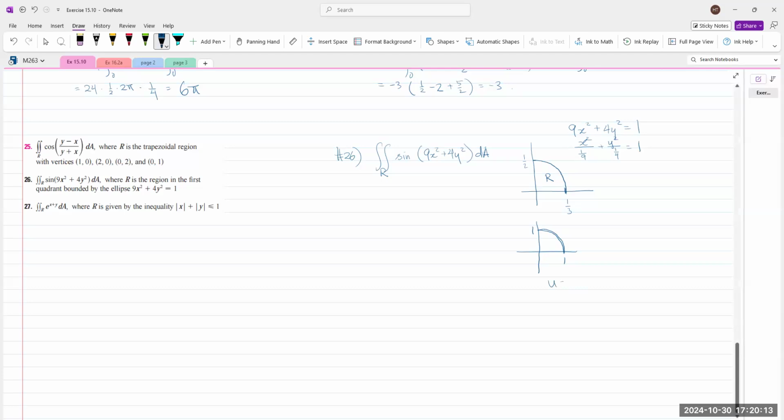So u will be 1/3 x. No, u equals 3x. We stretch that by a factor of 3, and then phi will be 2y. I'm sorry, 2y, not 2x.